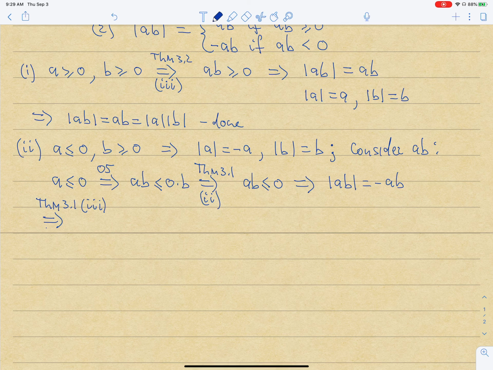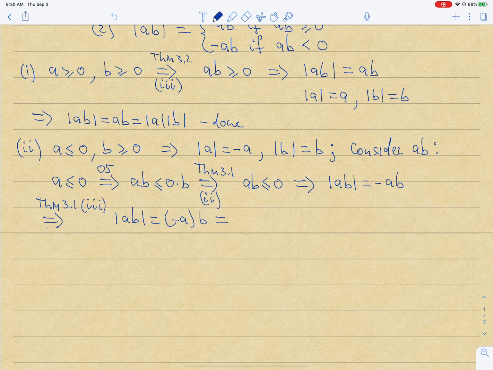That minus of AB is the same thing as minus A times B. So this implies that absolute value of AB is equal to minus A times B.